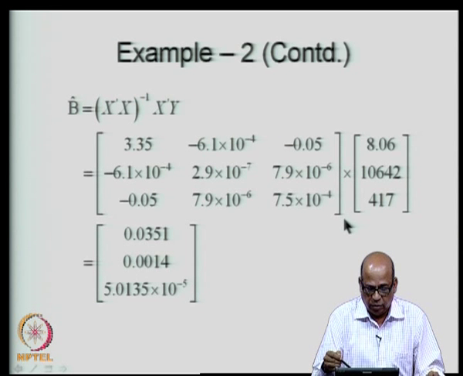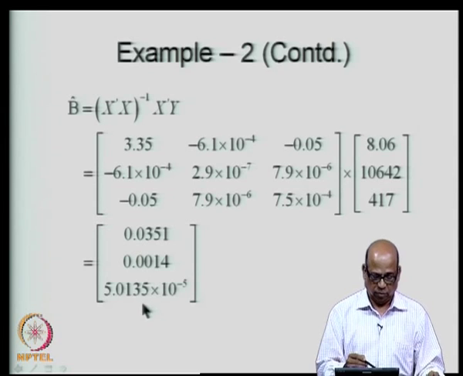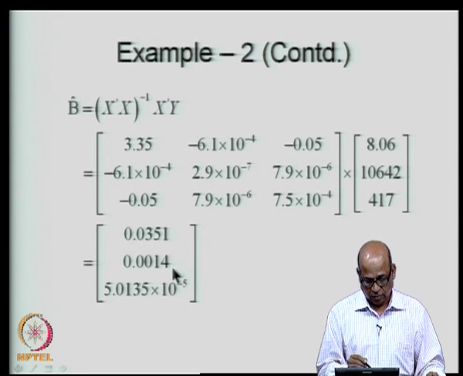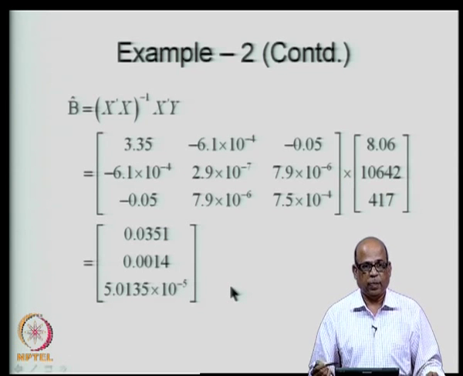So, this is 3 by 3 matrix, this is 3 by 1 matrix. So, you get a 3 by 1 matrix. So, beta cap is obtained as 0.0351, 0.0014 and 5.0135 into 10 to the power minus 5, which means this is the beta 1, beta 2 and this is beta 3.